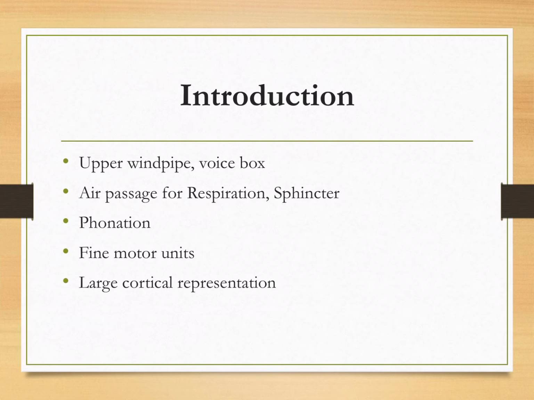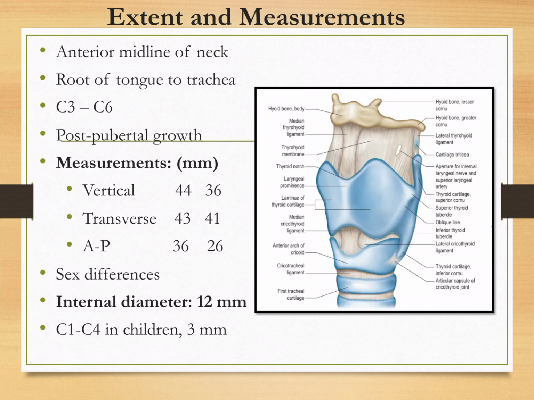So for stuff like movement of the vocal cords, movement of the intrinsic muscles of the hand, I'm speaking about a singer-songwriter for that matter, a person who sings well and plays guitar really well, not speaking about myself, has fine motor units going to the larynx and the intrinsic muscles of the hand. And the more fine and precise a movement, the larger is its cortical representation in the cortex. Something that you will study in neuroanatomy, the motor homunculus, etc.